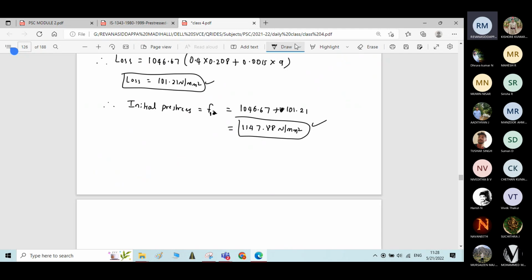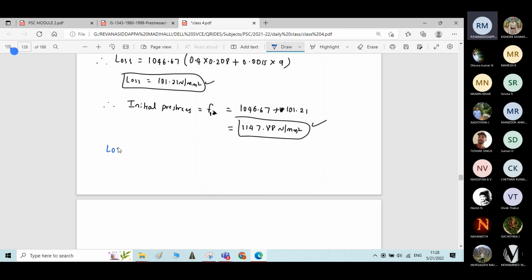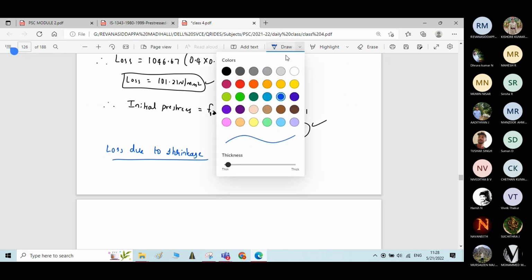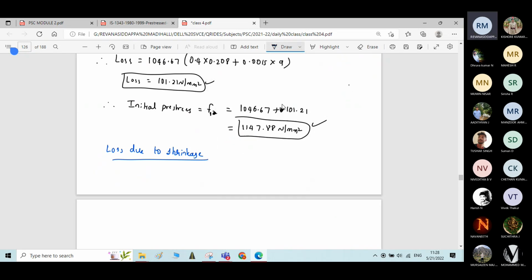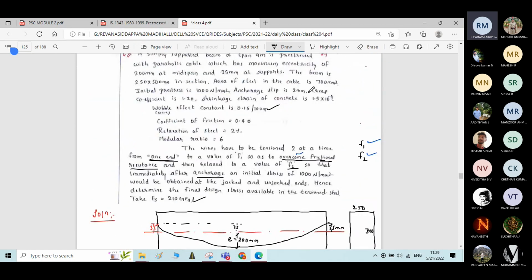Now, loss due to shrinkage, you calculate. So what is the formula for loss due to shrinkage? Loss is equal to shrinkage strain into Young's modulus of steel. Correct? Shrinkage strain multiplied by Young's modulus of steel. The shrinkage strain value is given in the problem.